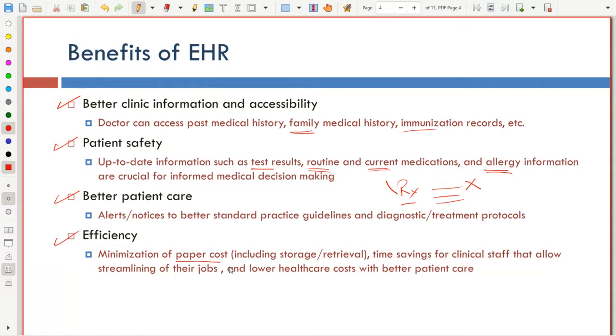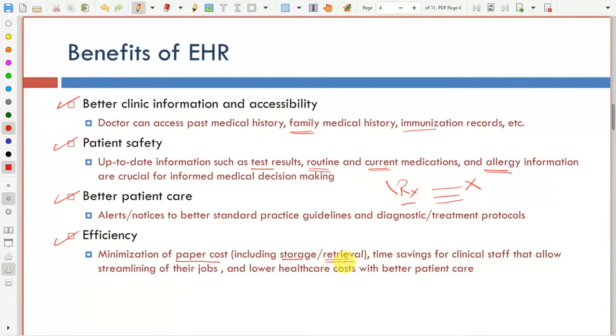And as we're going to see, we have a requirement to keep the patient records for a long time. You cannot just get rid of the patients who don't come within a year or something. No, you have to keep their data for many years. Maybe 6, sometimes people keep it for 10 years. So this is a big problem. You have the paper cost, in addition to their storage.